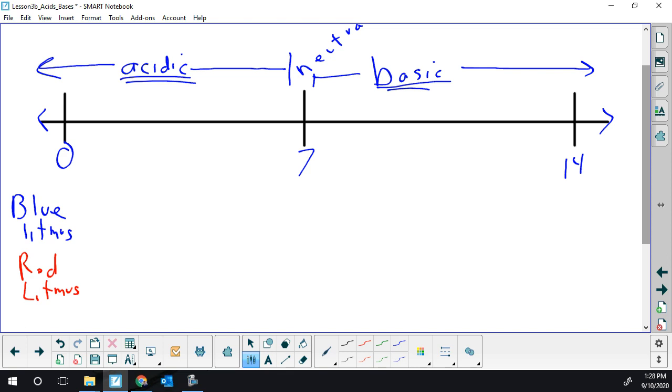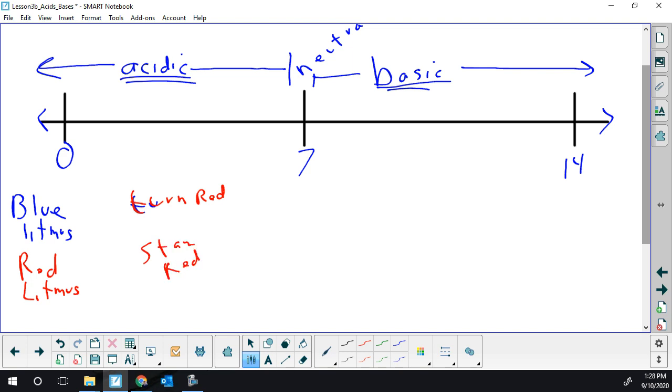So blue litmus is going to turn red. The red litmus, we're remembering red for acid, so this one's going to stay red.